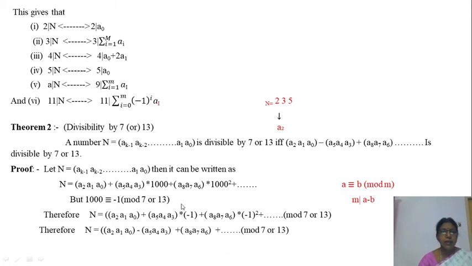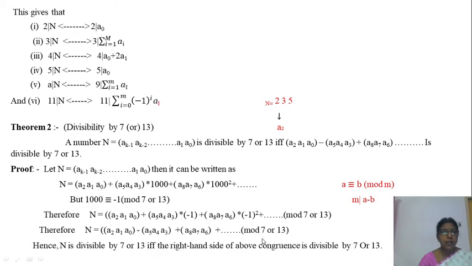Now minus of this bunch into minus 1 whole square means plus 1 of this bunch, and so on, mod 7 at the last term. Observe that n is divisible by 7 if the right hand side of the above congruence is divisible by 7.